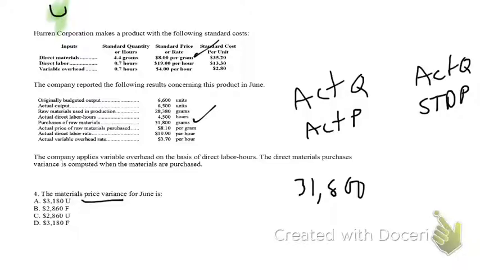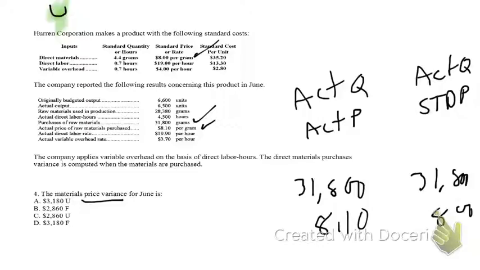So I use 31,800 grams, and the standard rate is $8. And the actual quantity I used was 31,800. Now I need to find out the actual price. The actual price of raw materials purchased was $8.10 per gram. So there's my $8.10 per gram.